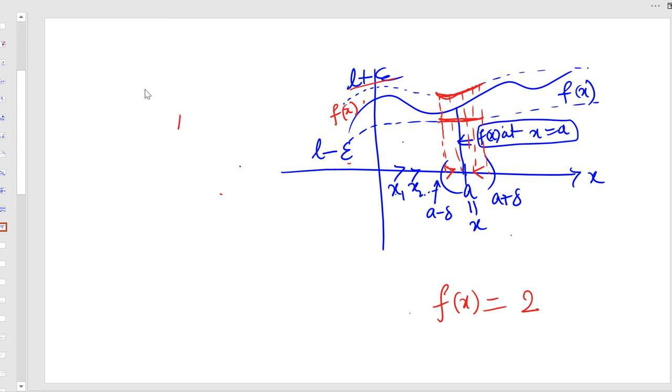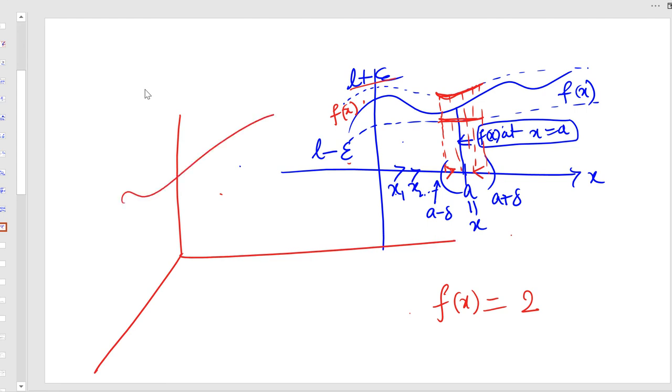Now, this is very important, you need to clarify the definition.